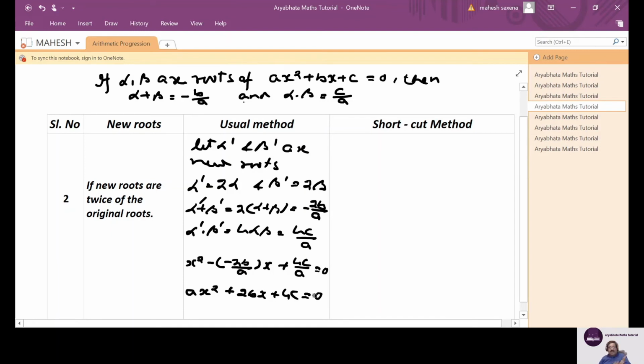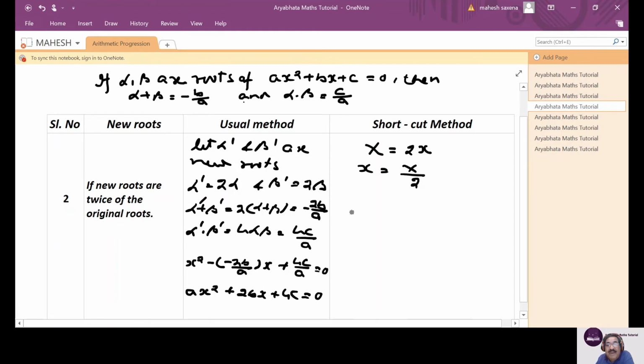Now, in the shortcut method, if capital X is the root, then capital X is equal to twice the original root, that is, you may assume that X is equal to 2x. Therefore, small x is equal to capital X by 2. Now we will put this small x equal to capital X by 2 in the original equation, ax square plus bx plus c is equal to 0.